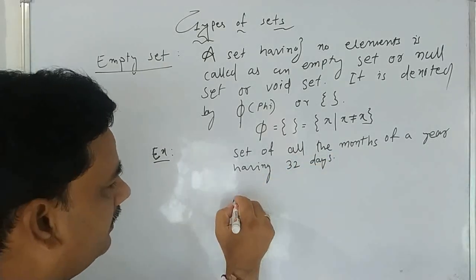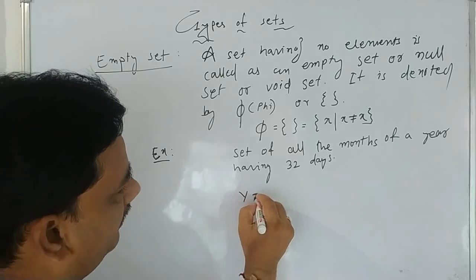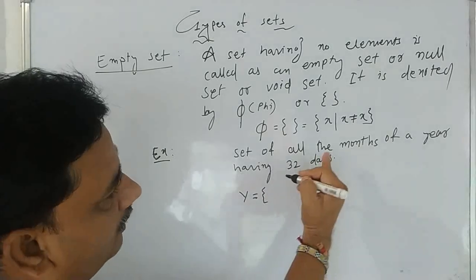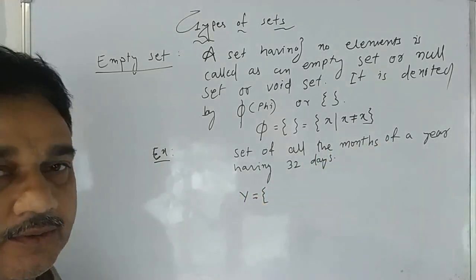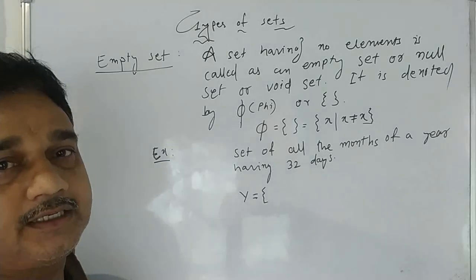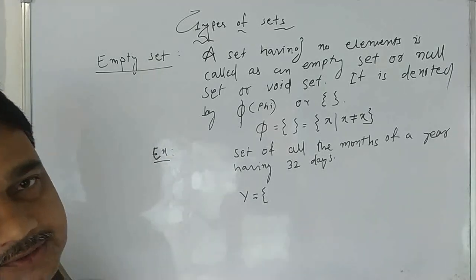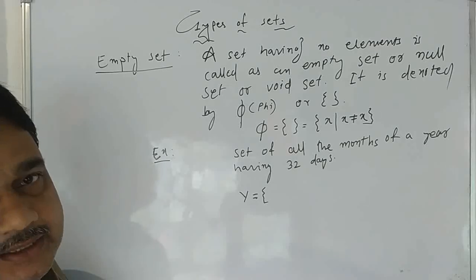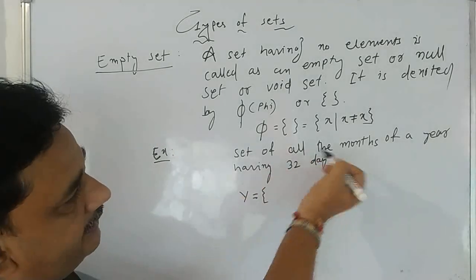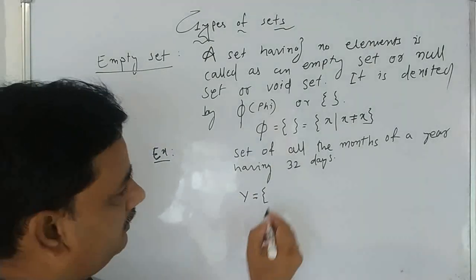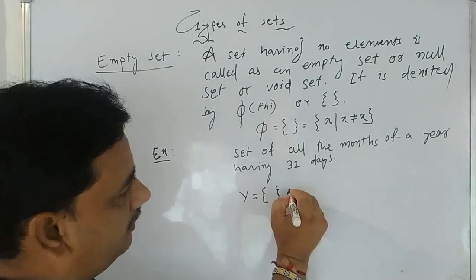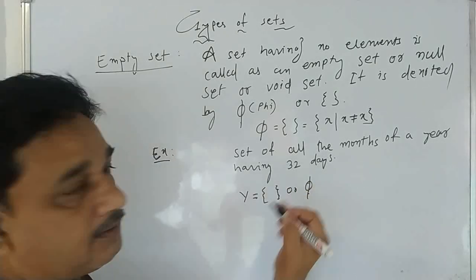Okay, so let the name of the set we have taken be A. Now, all the months of a year having 32 days. How many months are there which are having 32 days? There is no such month. Either the months having 31 days or 30 days or 28 or 29 days in February. So, 32 days, there is no such month. So, what will you write? You will write nothing. Okay, or you can write phi.